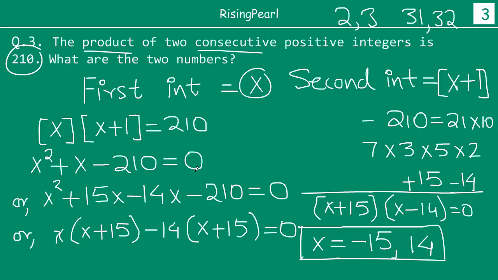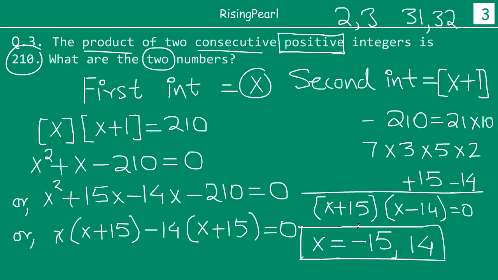Now remember, what is the answer of the question? The question is asking what are the two numbers? Now is it minus 15 or is it 14? You have to read the question very carefully. The product of the two consecutive positive integers. This is your trick word here, positive integers.